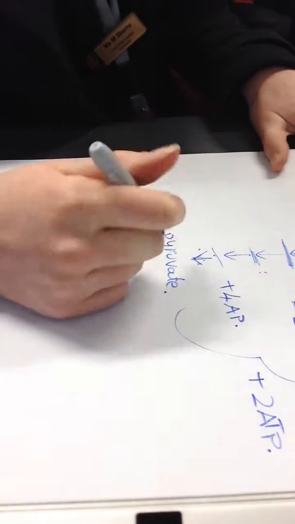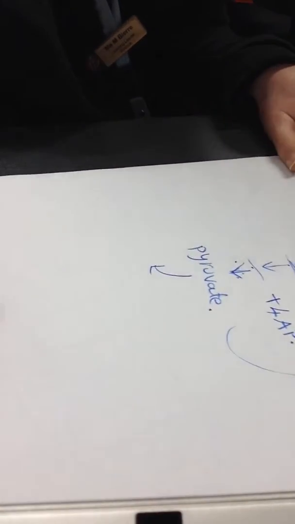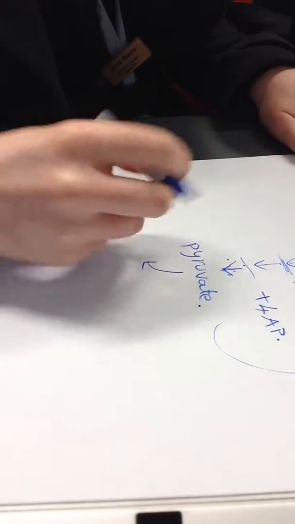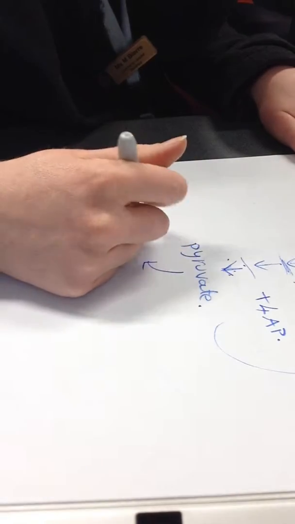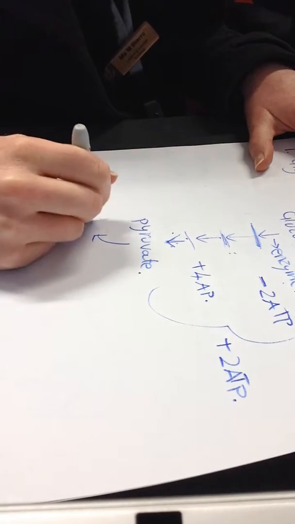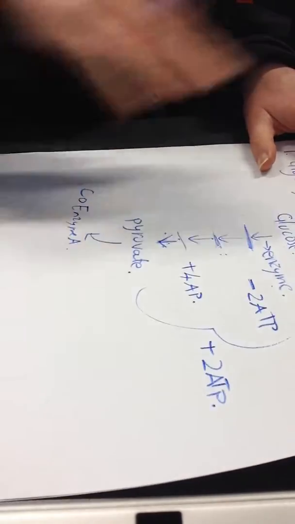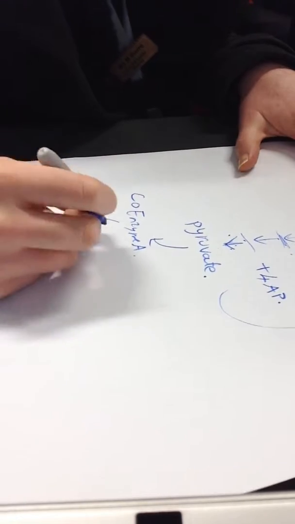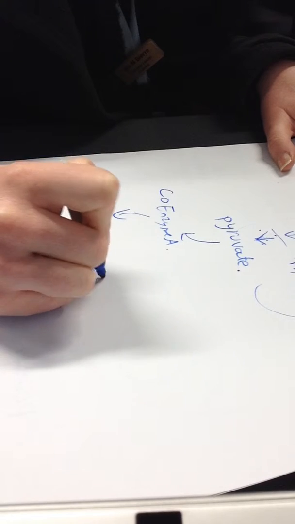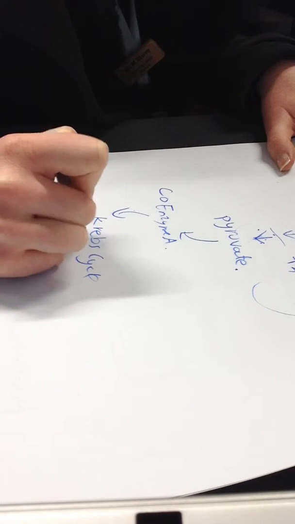Then this pyruvate molecule, he's just chilling there, he needs to turn into something. We need an enzyme and coenzyme A coming in here, and the product of this is going to feed straight into the Krebs cycle, or the citric acid cycle.